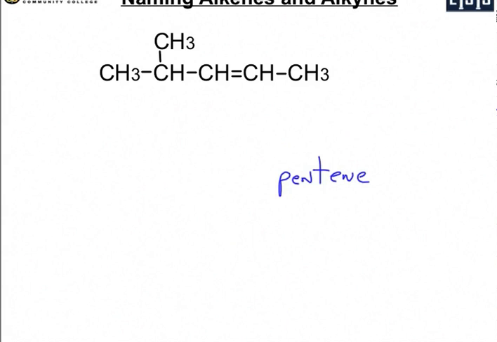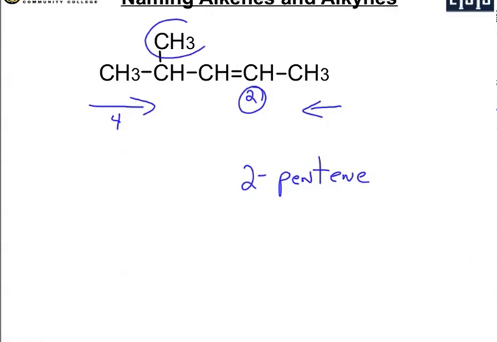And now if we go to rule number 3, numbering the carbons, if we go this way, the double bond starts at carbon 2. If we go this way, it's carbon 4. Therefore, we're going to go with right to left. And the first carbon that you hit with the double bond is number 2. So it's a 2-pentene.